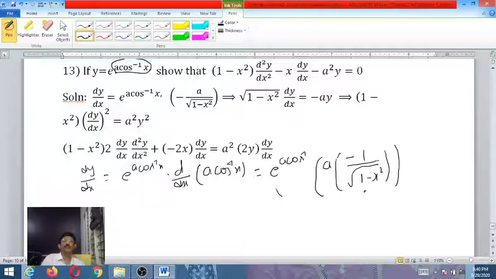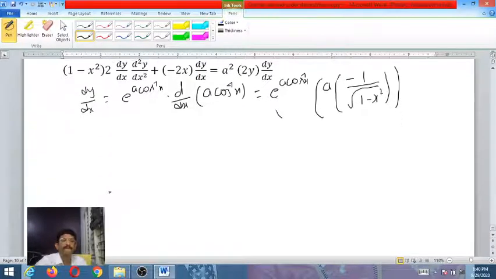Now cross multiply this root of 1 minus x square. Squaring both sides, because there is a root, dy by dx becomes dy by dx whole square.